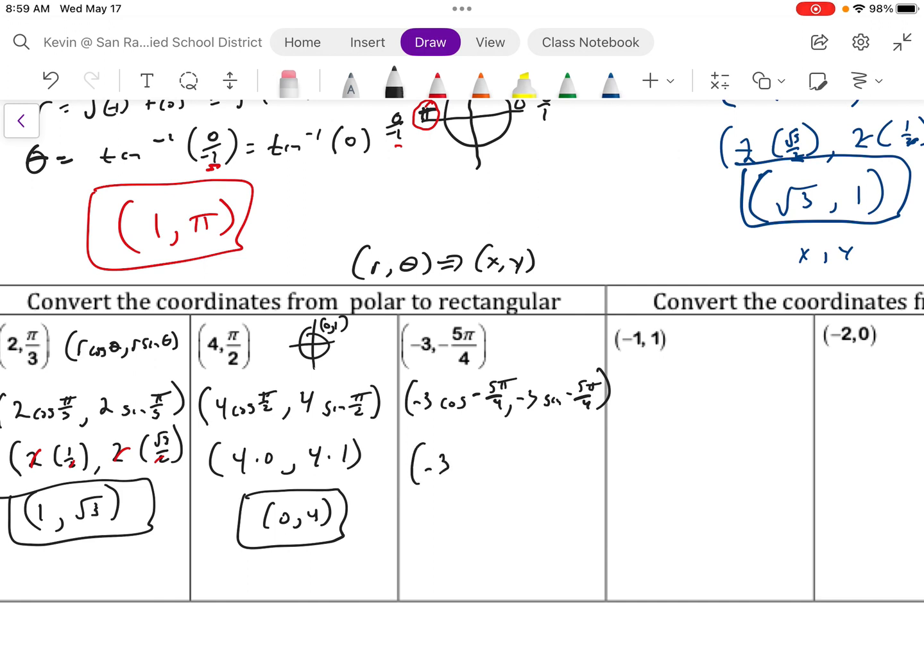So this is going to be -3 times -root 2 over 2, and it's going to be -3 times positive root 2 over 2. Those are our x and y values. So this is going to give us a positive 3 root 2 over 2, and it's going to give us a -3 root 2 over 2.